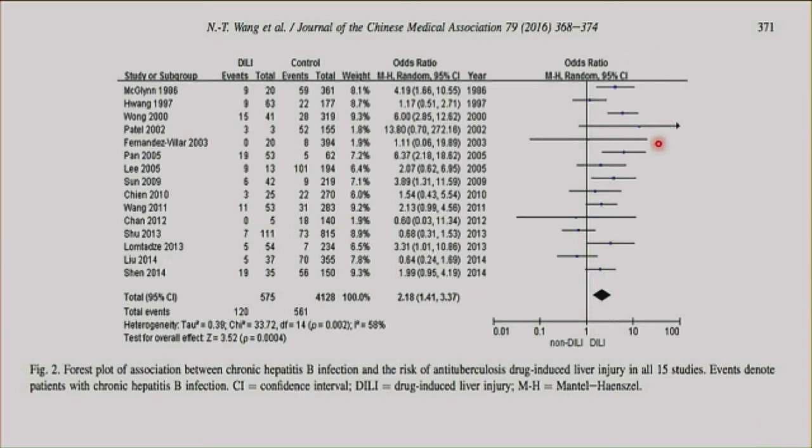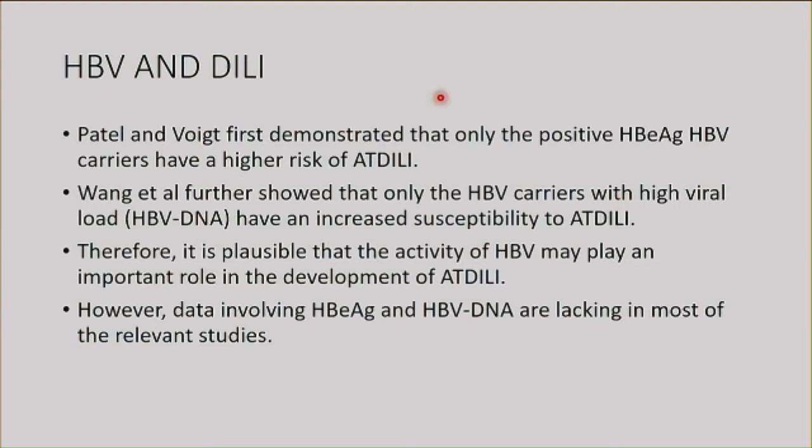And we can see here also the odds ratio. In some research, patients with HBV are prone to have DILI when they use anti-tuberculosis. And actually, for HBV and DILI, there is so much research already showing the correlation between these conditions that can make DILI become prevalent.